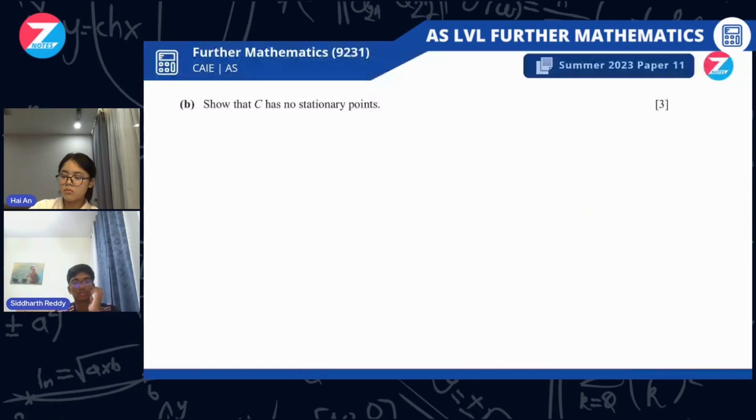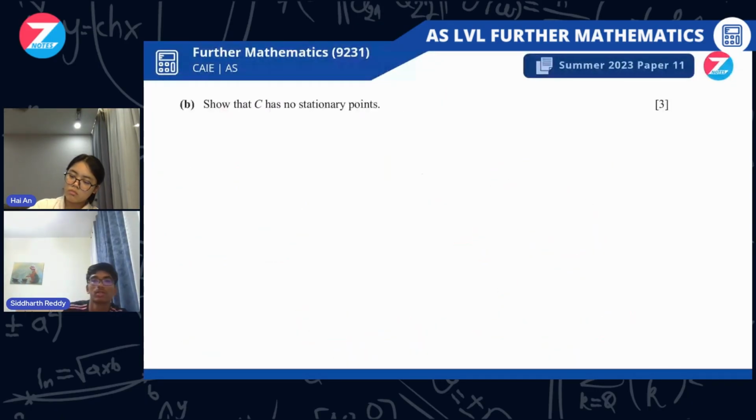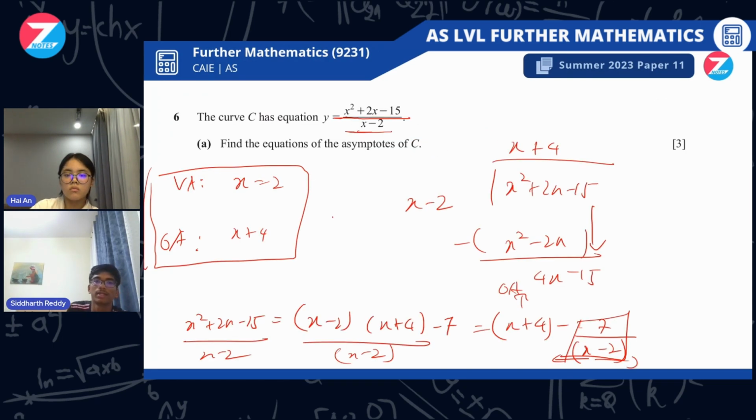Show that C has no stationary points. So same thing, to find stationary points, we need to show that there exist some points x for which dy by dx is equal to 0. Let's find dy by dx.